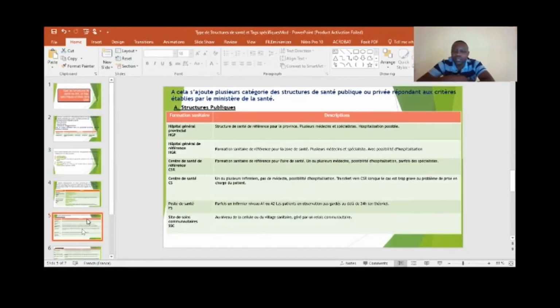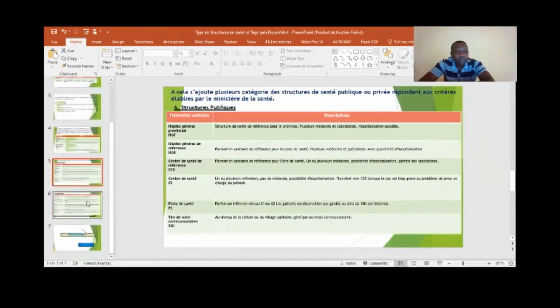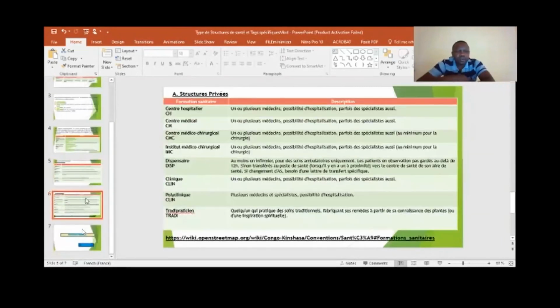And so on our side, we wanted facilities which do not have doctors to be rendered on the standard OpenStreetMap background, as many health centers, health posts, and dispensaries and places where community health workers are usually working are places which very rarely have a doctor. And if there is a doctor, it's a visiting one, because doctors will usually stay in referral health centers or hospitals.